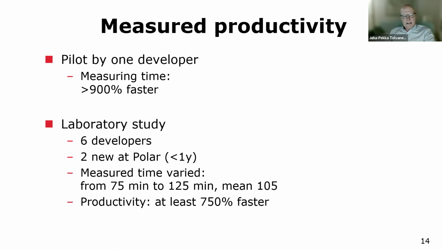And among these 6 developers, 2 were new ones, with less than 1 year of working experience. And then they measured the time, how long it took to build the system, and they noticed that it took about 75 minutes to 125 minutes, with a mean of 105 minutes to do the task.